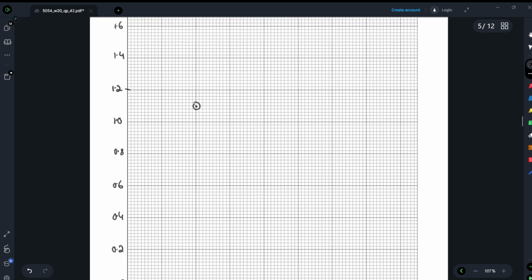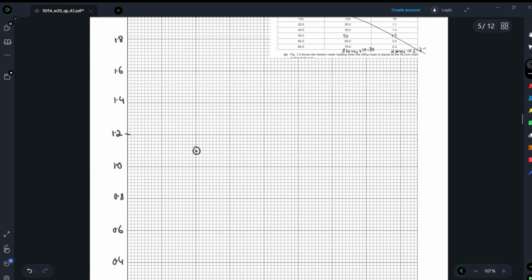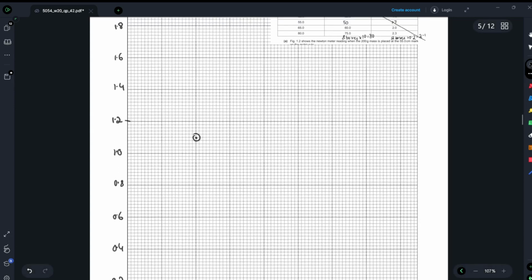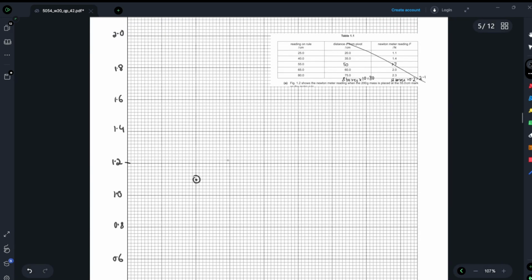Again, make sure that you circle your points when you draw them. ठीक है, 35 पे जो है it's going to be 1.4. So 10, 20, 30, 35 is going to be somewhere over here. 35 पे it's 1.4, so 35 and that's 1.4. सही है जी.